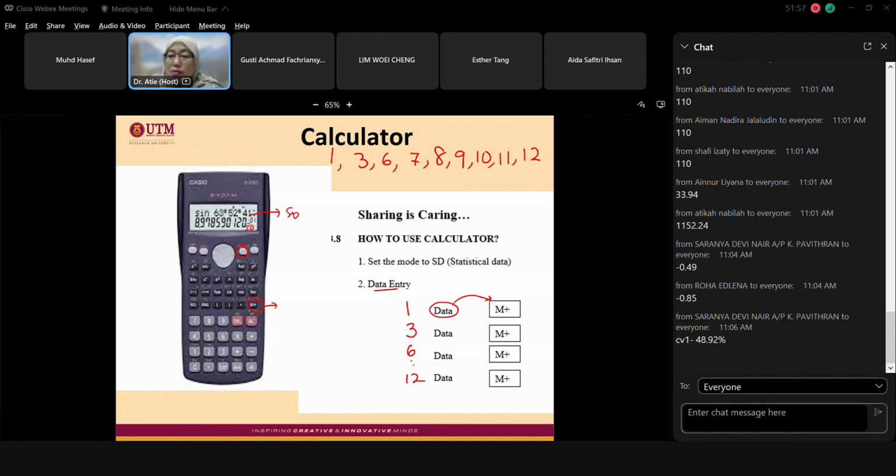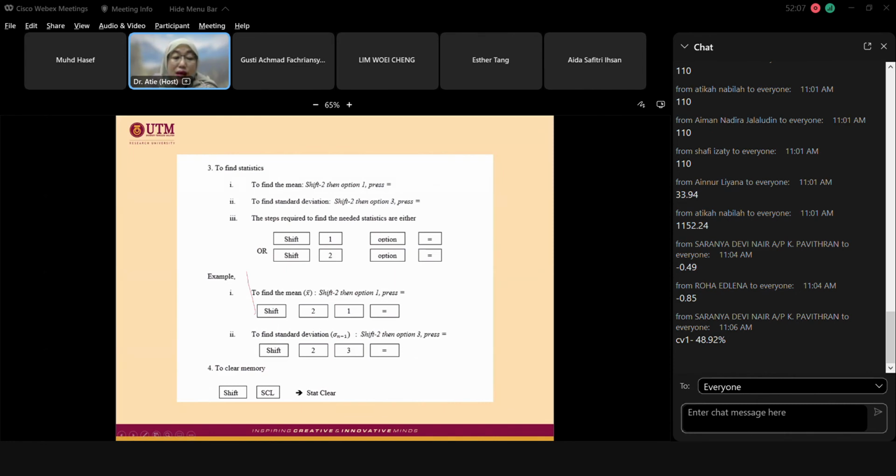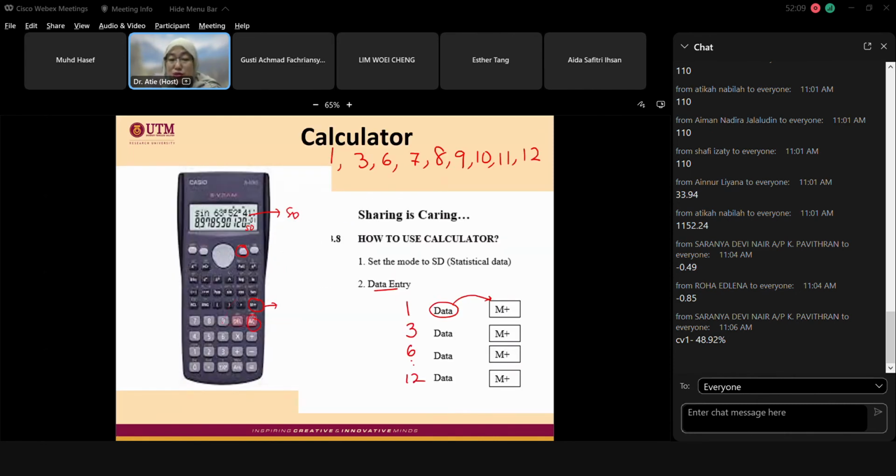Right, once you have entered your data, it's okay for you to press AC or whatever, and you can use the calculator as usual, as long as you don't press a number followed by M plus. So let's say after you have entered your data set, you suddenly want to calculate your fees or whatever, you can use it, no problem at all.